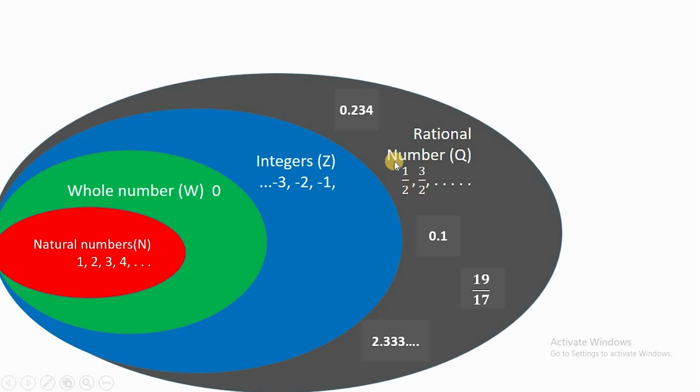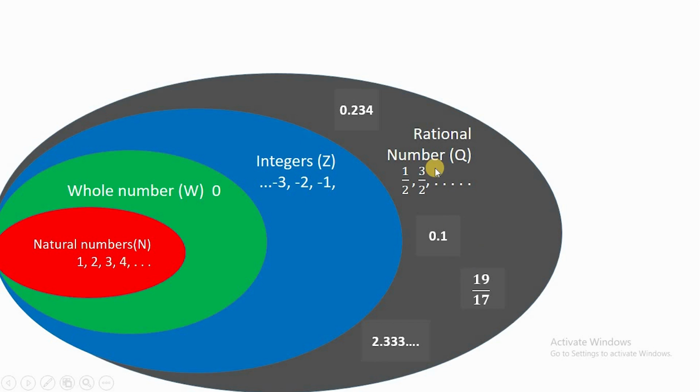3 by 2 is a rational number. Similarly, 0.234 is a decimal number and it can be expressed as a rational number, that is 234 by 1000. Therefore, decimals can be expressed as rational numbers. So these numbers are called rational numbers.